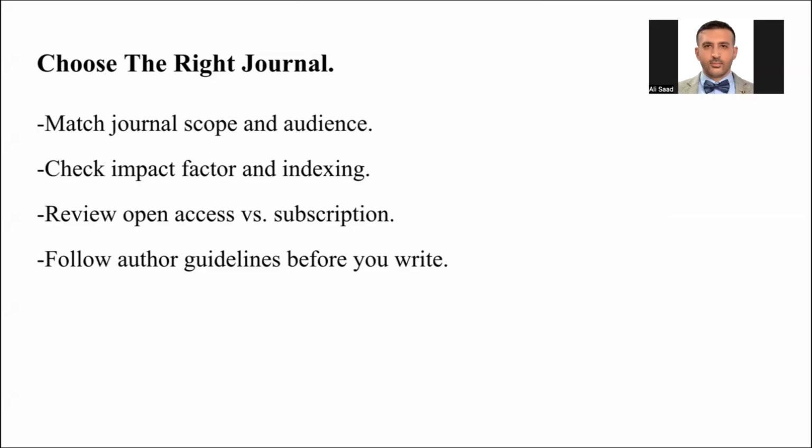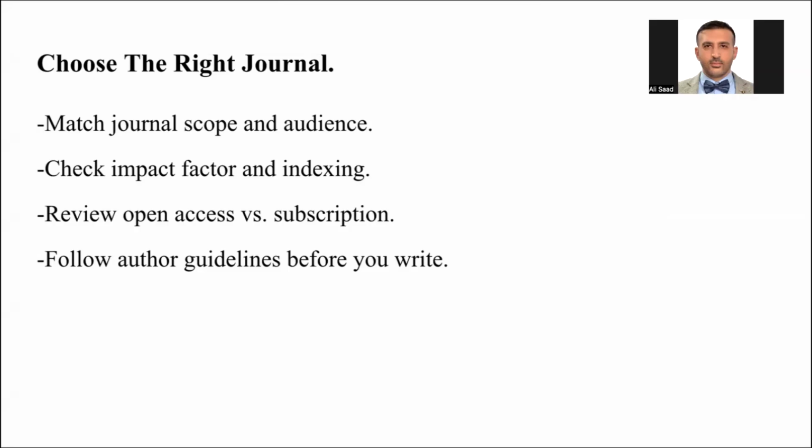I will match the journal scope and audience with my paper's aim and scope. I will also check the impact factor. If you want Q1 journals, top tier journals have an impact factor of more than three, but it's according to the topic of your paper.